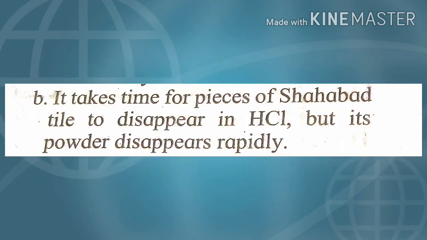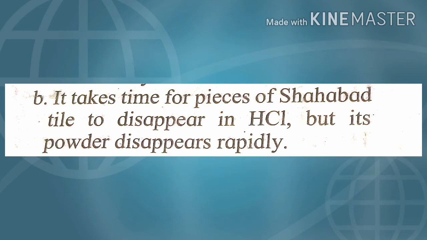Question number 2: it takes time for pieces of Shahabad tiles to disappear in HCl but its powder disappears rapidly. This is because rate of reaction depends upon size of particles of reactant.